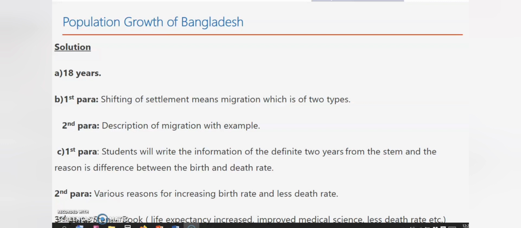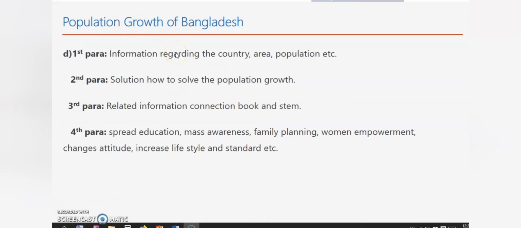In the second para, you have to explain the various reasons for increasing birth rate and less death rate. In the third para, you can explain from the stem and your book that life expectancy increased, medical science improved and the death rate fell. I think you can do it on your own. Coming up to the next answer.